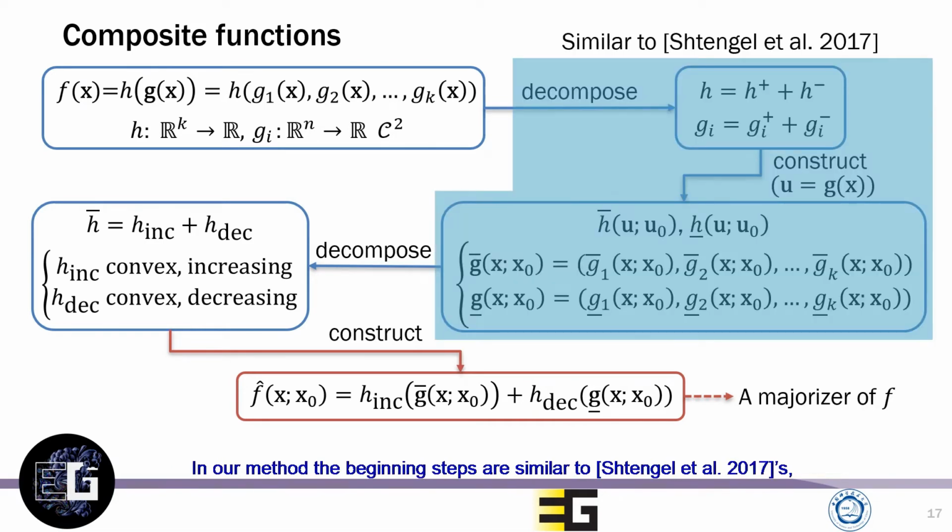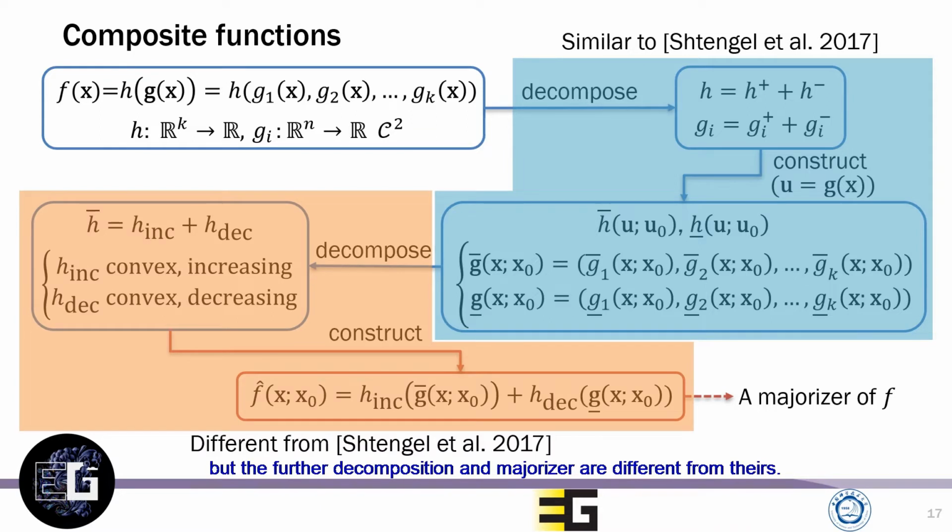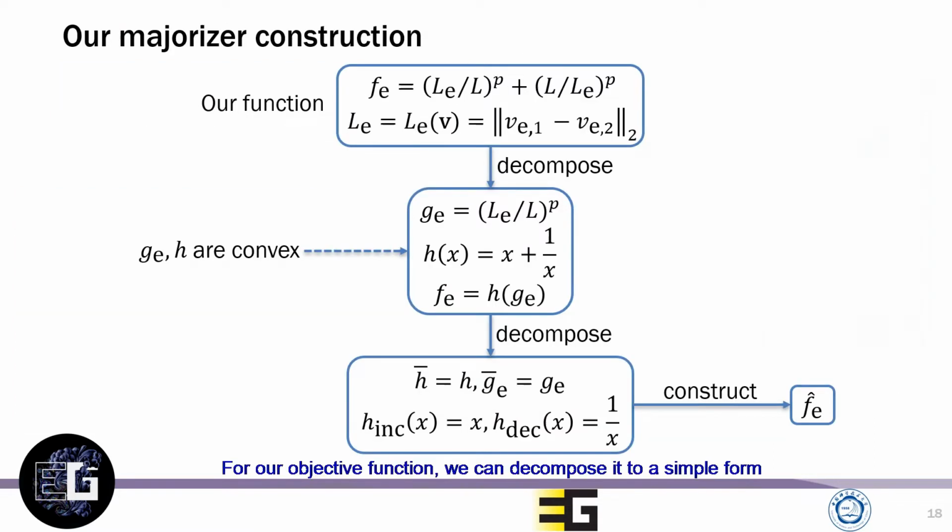In our method, the beginning steps are similar to Shtengel et al.'s, but the further decomposition and majorizer are different from theirs. For our objective function, we can decompose it to a simple form and construct the convex majorizer. Then the modified Hessian is computed as the Hessian matrix of the majorizer.